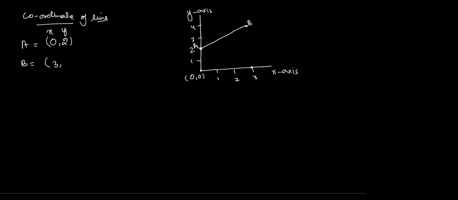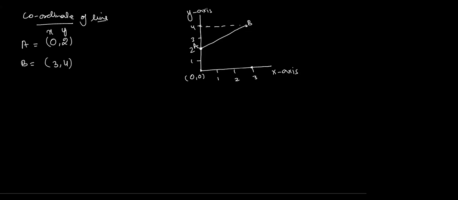Then you move, let's suppose this is 4 units, 4 units in the y-axis. If a person goes 3 this way and then 4 units upward, then they will reach the point B. This is simple. So this is the coordinate of the point B.